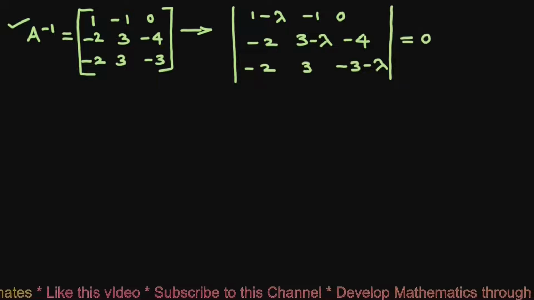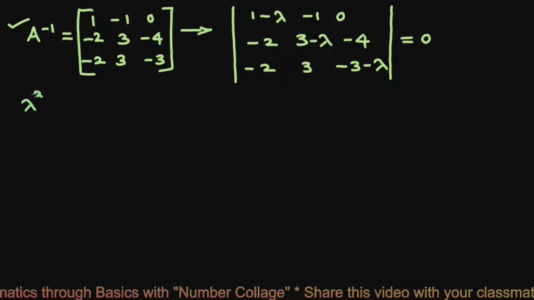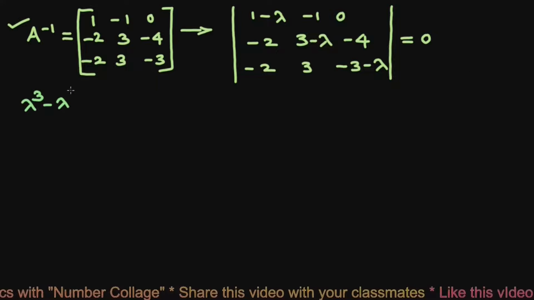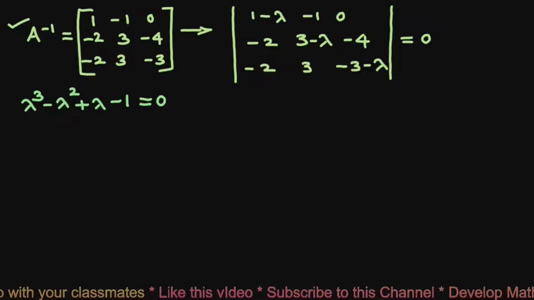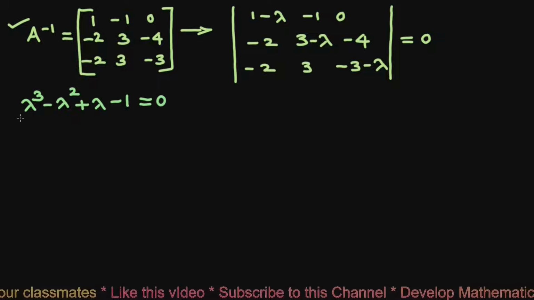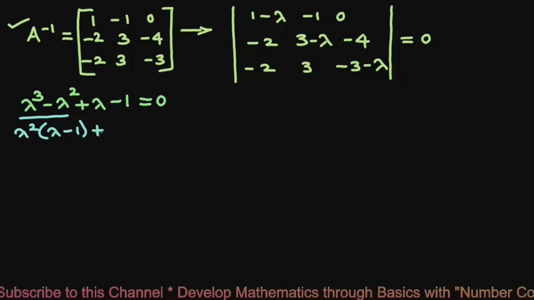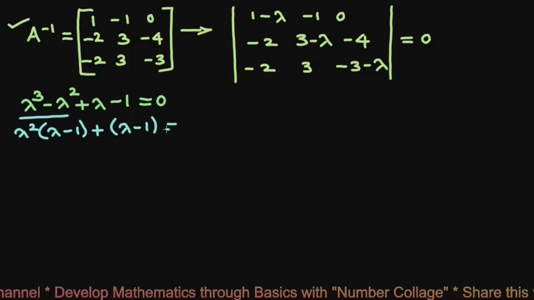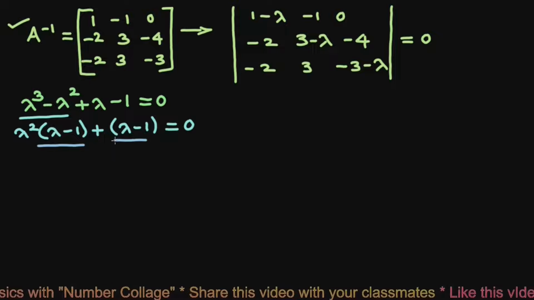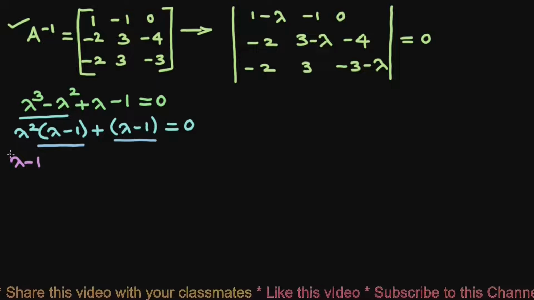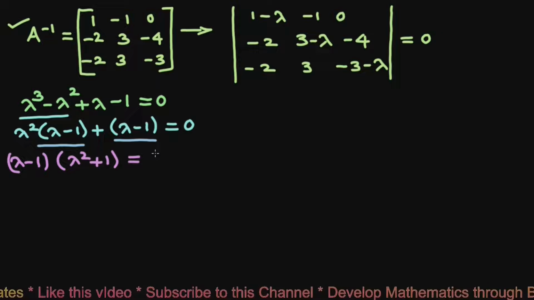Expanding this determinant, we get the cubic polynomial lambda cube minus lambda square plus lambda minus 1 equals 0. So this can be factorized by taking lambda square common: lambda square into lambda minus 1 plus lambda minus 1 equals 0. Taking this lambda minus 1 common again, we write lambda minus 1 multiplied by lambda square plus 1 equals 0.